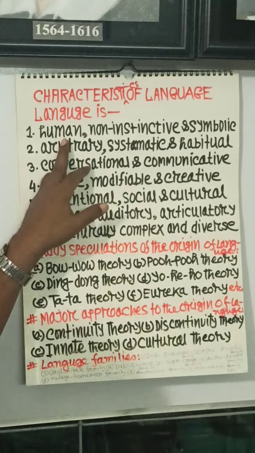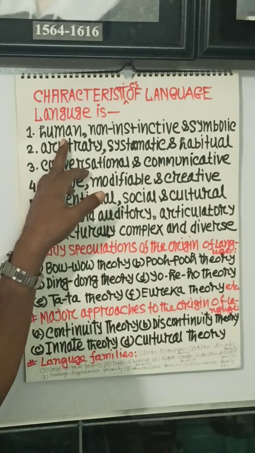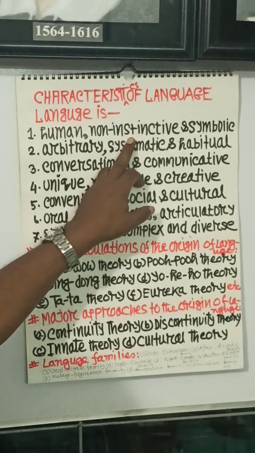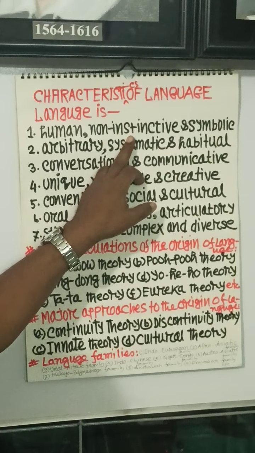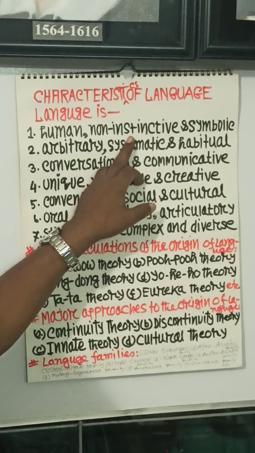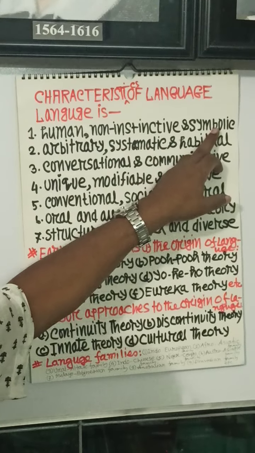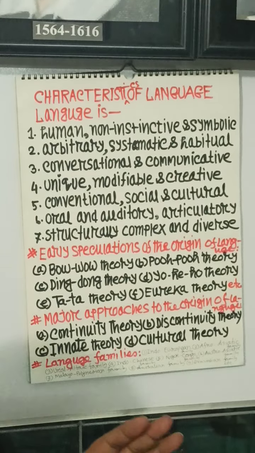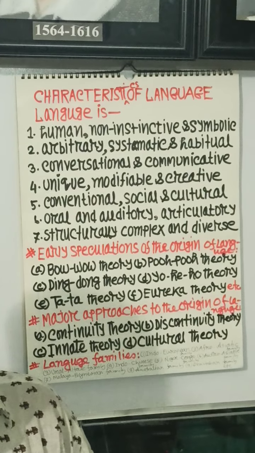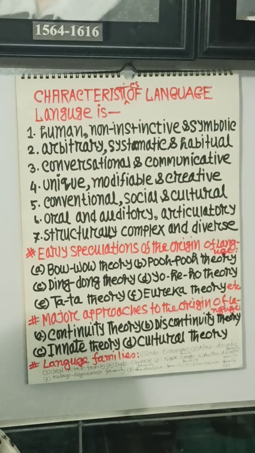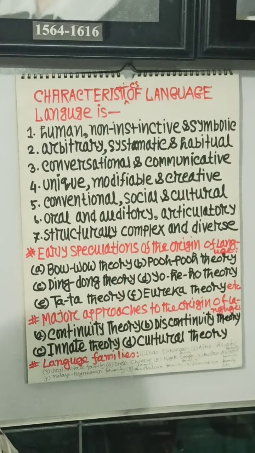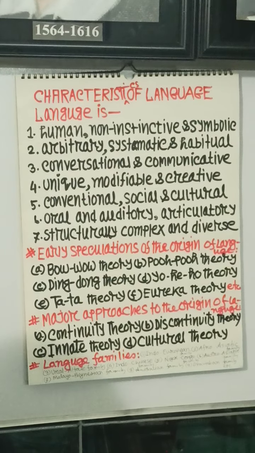First of all, it is essentially human. Secondly, language is non-instinctive, that is voluntary. And thirdly, it is symbolic. We use some symbols to express our ideas, emotions, and experiences.